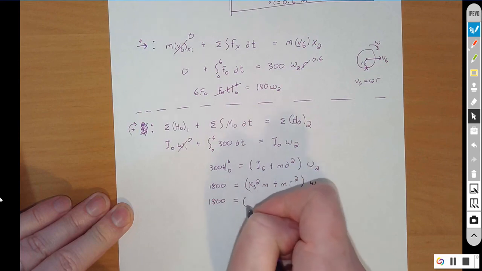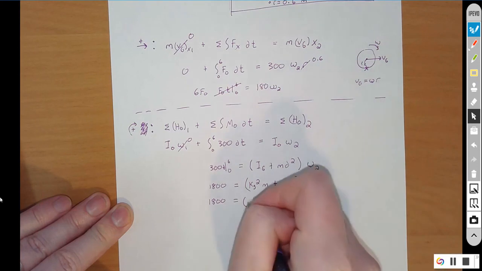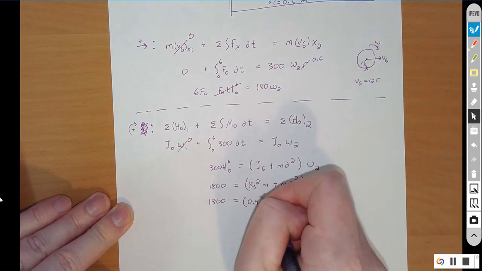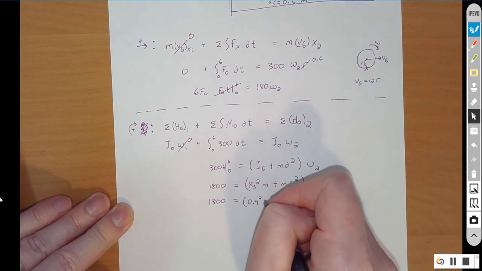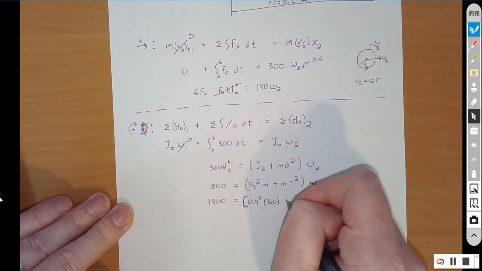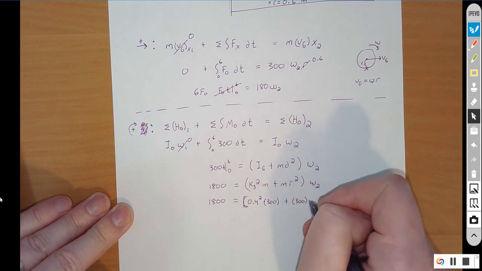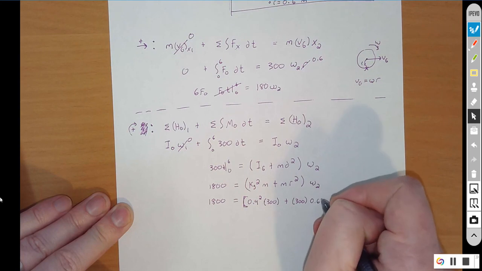So our k, they gave us 400 millimeters, but we want to use 0.4 so that we're in meters. So for 0.4 squared, we have 300 kilograms. Again, 300 kilograms. We could probably move that out, actually. Our radius is 0.6 meters.